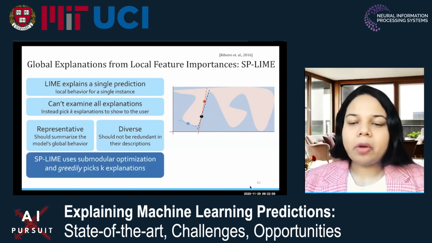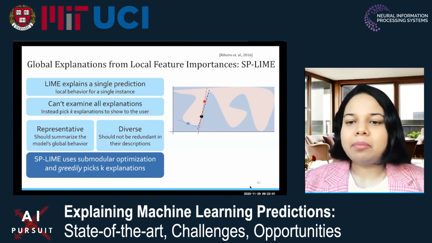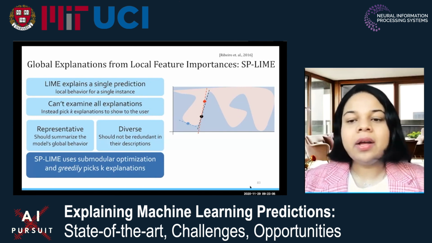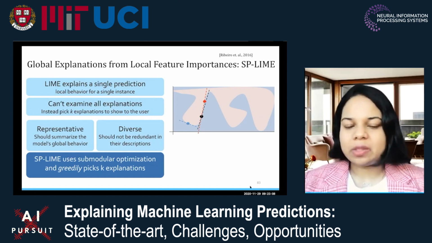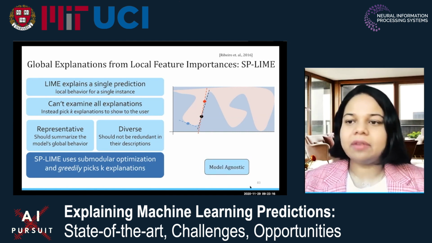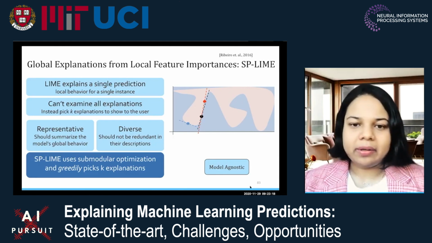Now, SP-LIME formulates this intuition as a submodular optimization problem and greedily picks a subset of k local explanations. And as we can see, this procedure is model agnostic because it does not require access to the internal details of the underlying predictive model.